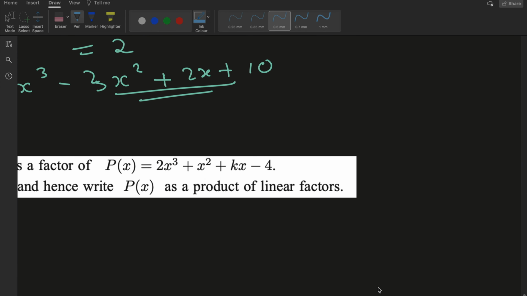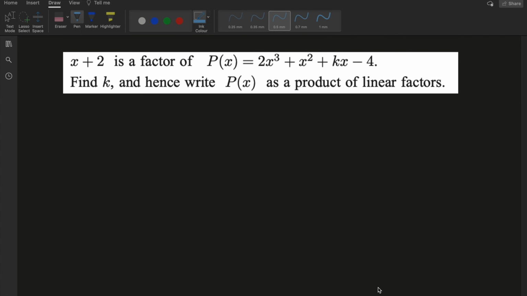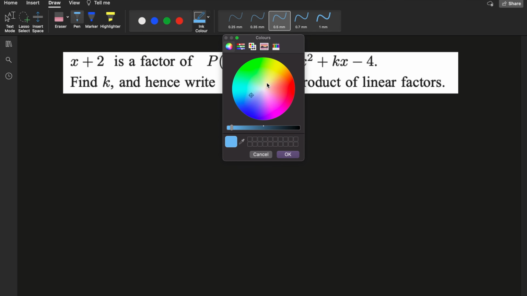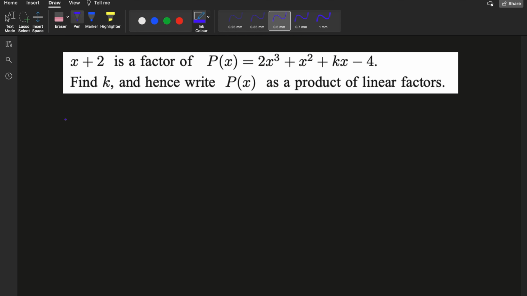So let's solve the last question. So let's read the question. x plus 2 is a factor of p of x, which is 2x cubed plus x squared plus kx minus 4. So we have to find the value of k, and then we have to write p of x as a product of linear functions. So let's do that. Okay, so we know that p of minus 2 will be 0.